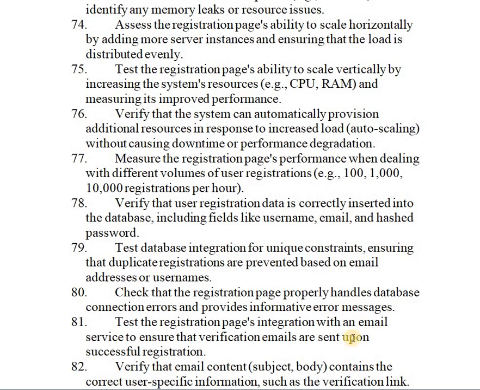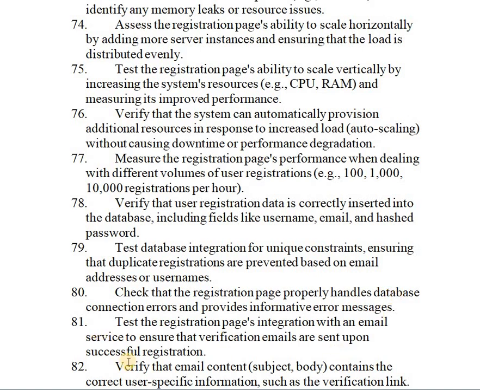Then the next, test database integration for unique constraints, ensuring that duplicate registrations are prevented based on email address or username. Then next, check that the registration page properly handles database connection errors and prevents informative error messages.